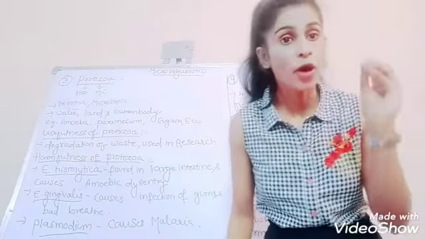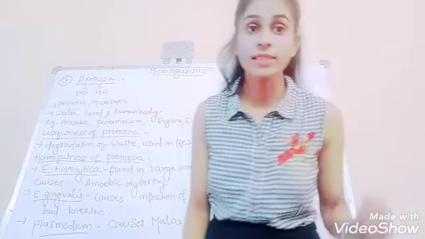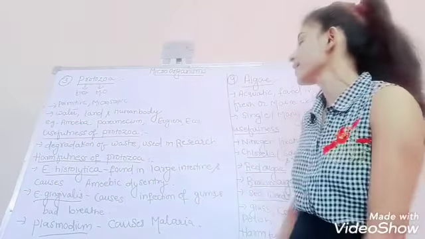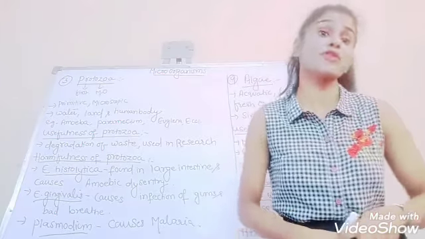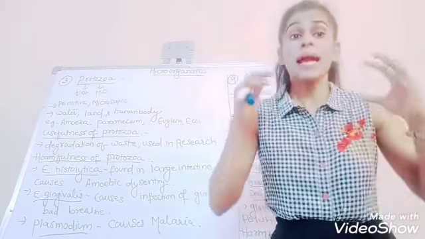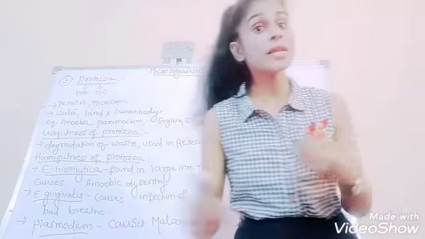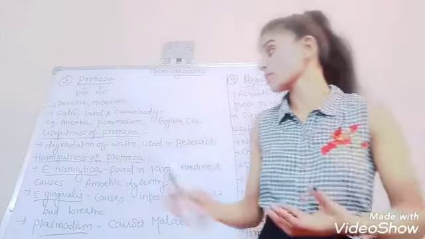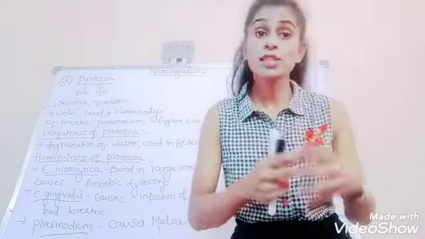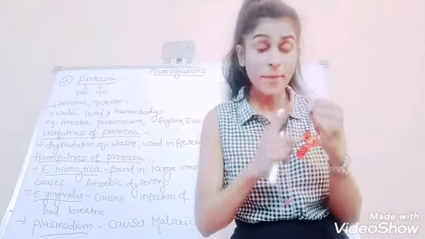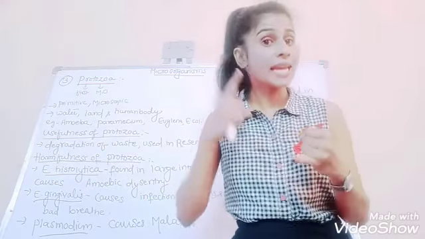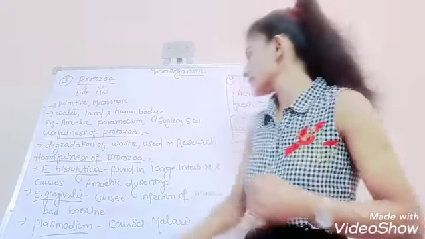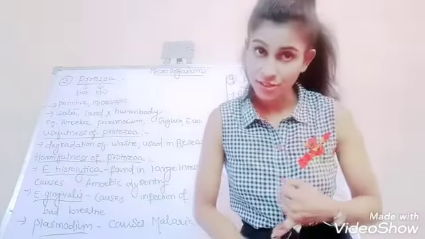Entamoeba histolytica is generally present in the large intestine of the human body. And what does it cause? Amoebic dysentery. Name the protozoan which causes it: Entamoeba histolytica. Remember, Entamoeba histolytica, which is present in the large intestine, causes amoebic dysentery.